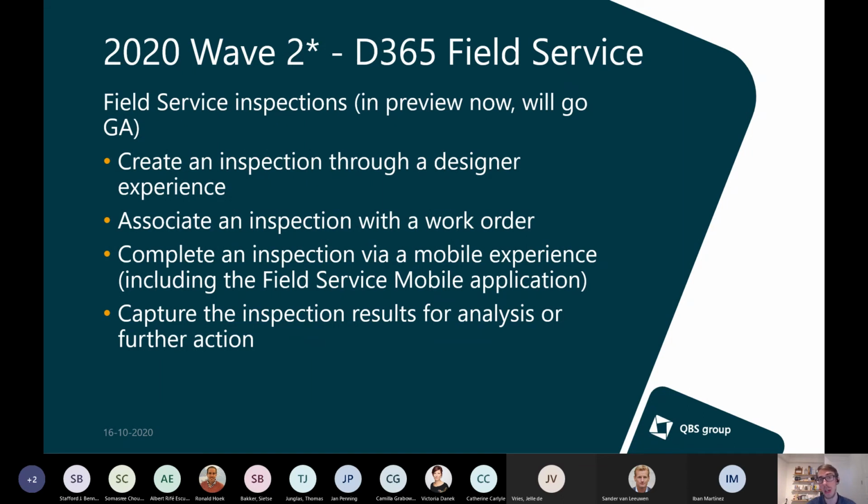You can associate an inspection with a work order, and then when you open that work order in the field service app, you will be able to go through that checklist, go through all of those inspection steps with a little instruction next to it, what you should do, where you should check, what you should verify, and then you can tick them off one by one through the app. That's a preview experience still now, but that will go in general availability throughout Wave 2. That's something, if you want to preview it, you can do that today.